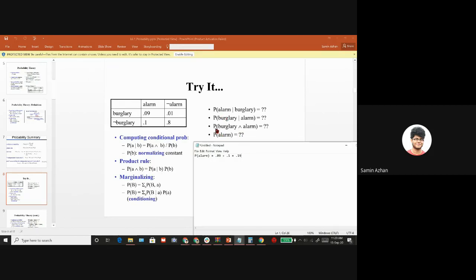So let's go to the next one. This one is saying we have to figure out the probability of burglary and alarm. It's given directly in the table. So probability of burglary and alarm, that's 0.09.